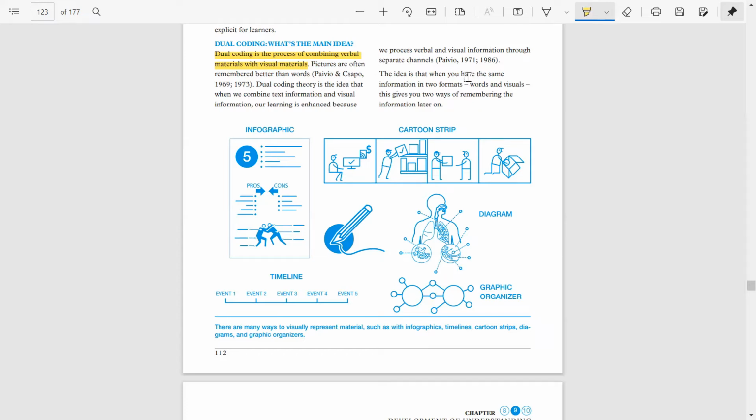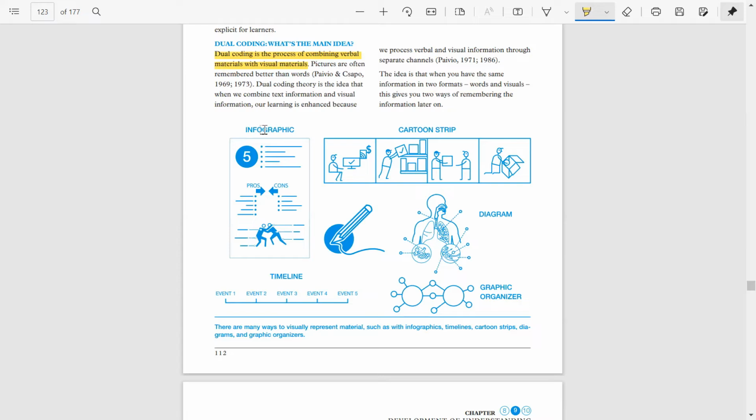So basically, it's sort of like imagining that we process verbal information in one channel and visual information in another. And therefore, when we use both in learning, we sort of have a greater effect. It's more effective, it's more interesting, it catches us, it engages more of our brain.